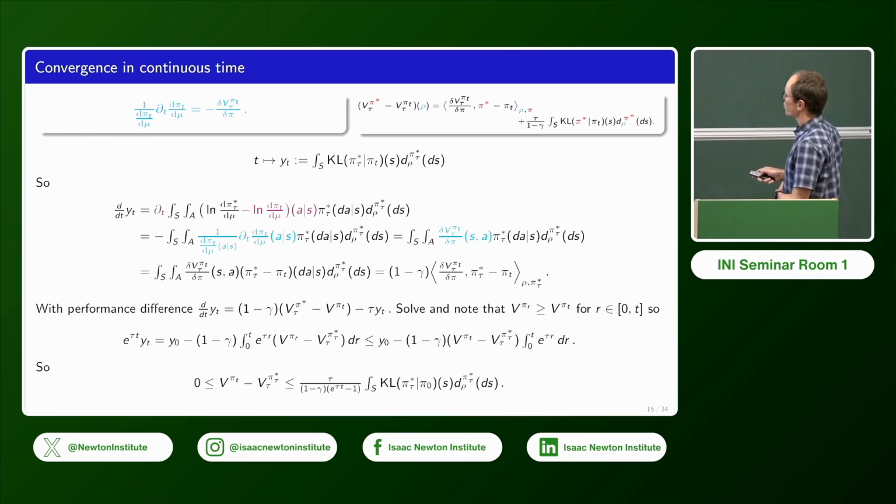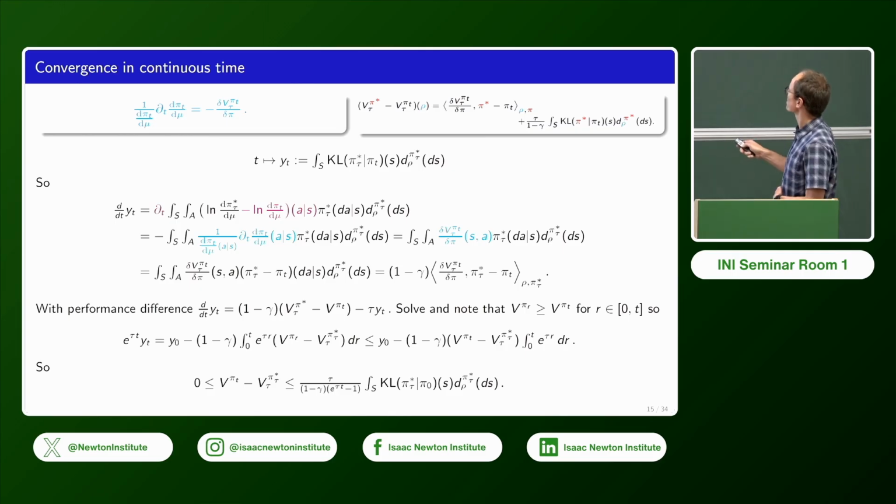And then because V pi t satisfies the on-policy Bellman equation, I know that the flat derivative or the first variation integrated against pi t, so against its own measure, integrates to 0. So even though it's not here, I can just add it because it integrates to 0. And then I get to this.